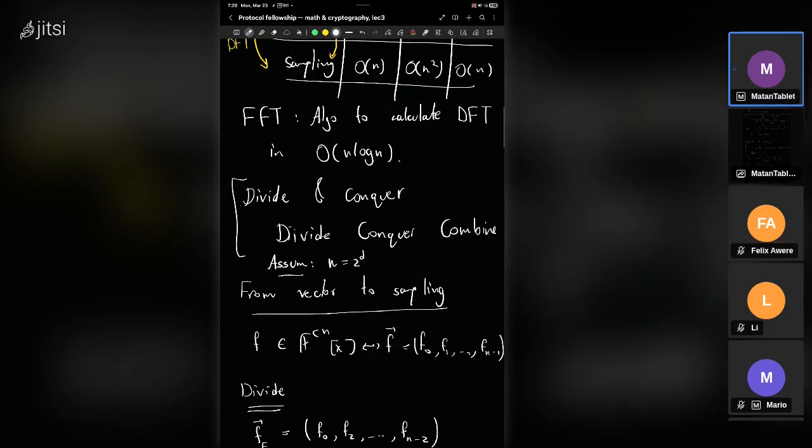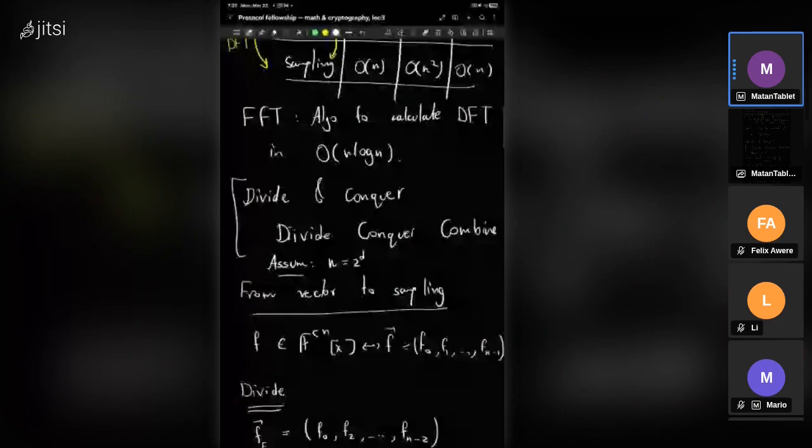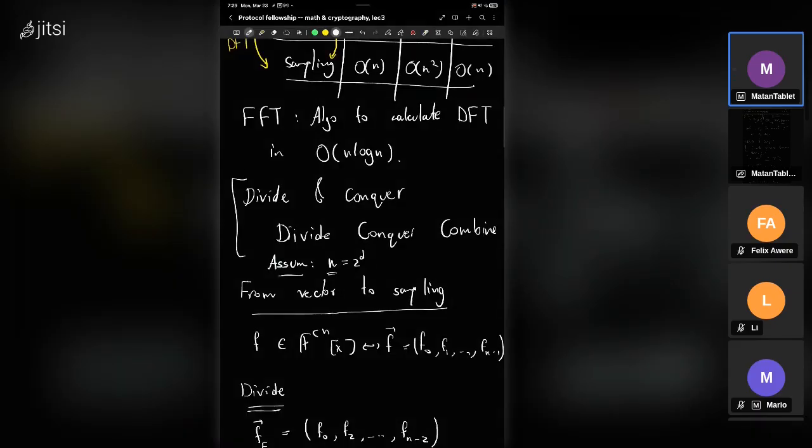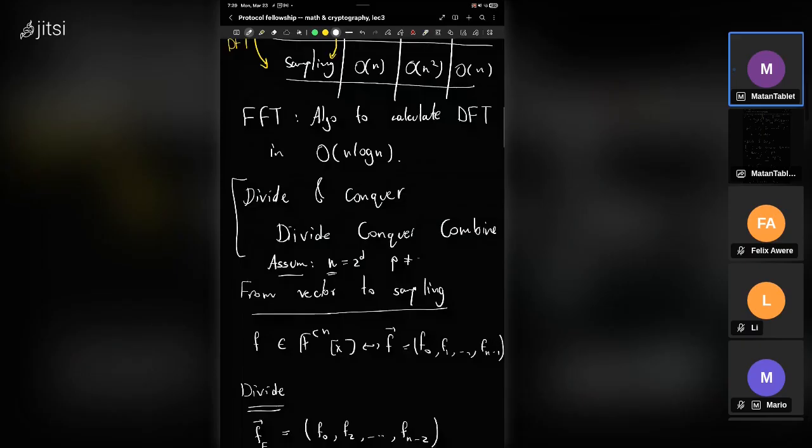It's not a big deal, because if you have polynomials whose degree is not a power of 2, you can pad their vector representation with 0 until they become vectors of size a power of 2. And since we do calculations in FP, I need to assume that P is not equal to 2. Okay, so these are two assumptions.